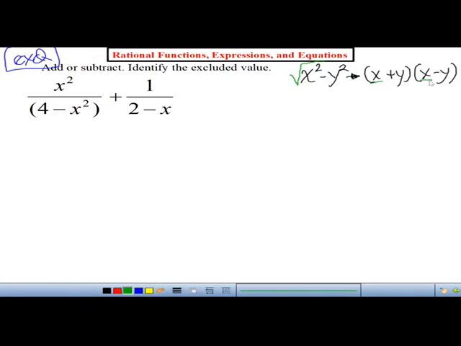The second thing I would check is, can I take the square root of the second term? What number times itself gives us y squared? Oh, y times y. If you are able to take the square root of the first and the second term, the third thing you're going to check is if this is a subtraction. If this is a subtraction, then that means the first factor is a plus and the second factor is a minus, or vice versa.